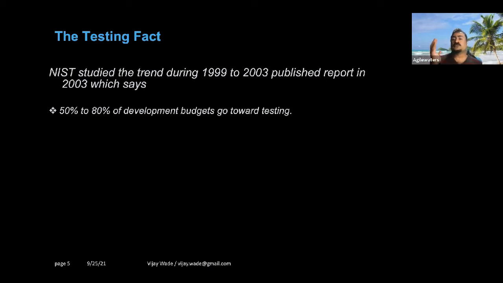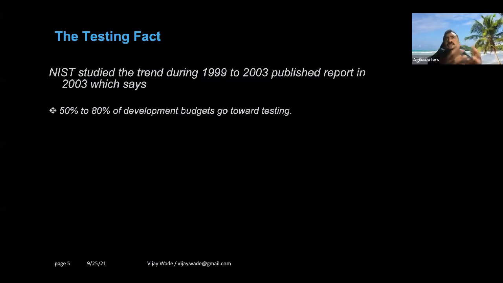This was prior to India coming into the picture of testing. India was earlier getting only testing projects. The majority of the design, architecture, and development was happening in the United States or somewhere in Europe.